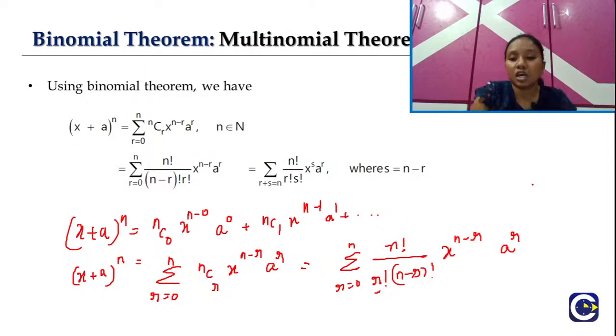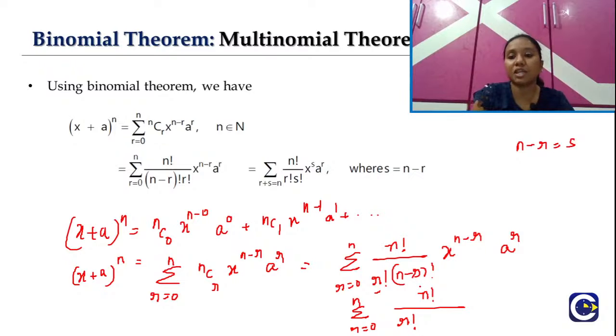I am just assuming n minus r to be s. So now it turns out to be sigma from r equal to 0 to n, n factorial by r factorial, and as I assumed n minus r to be s, in the denominator it will be s factorial.